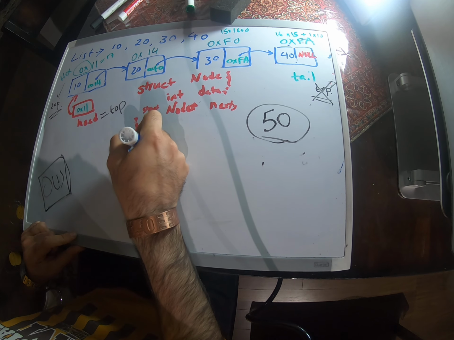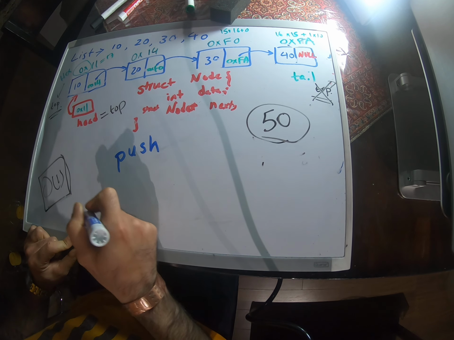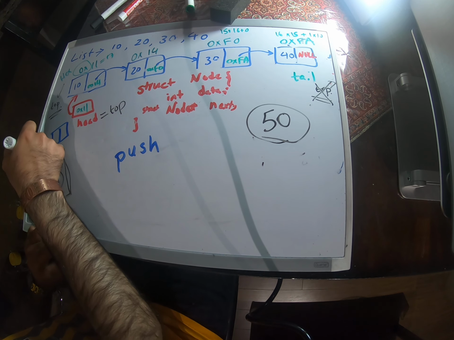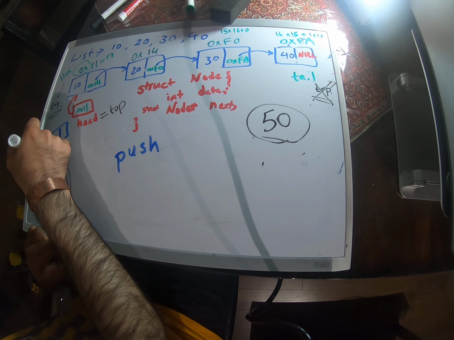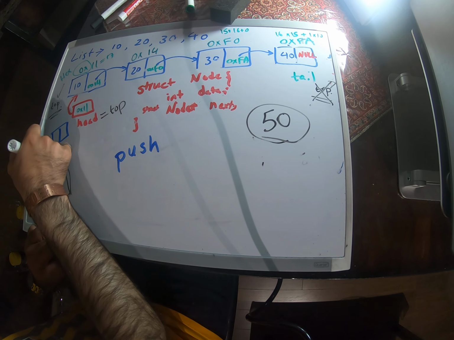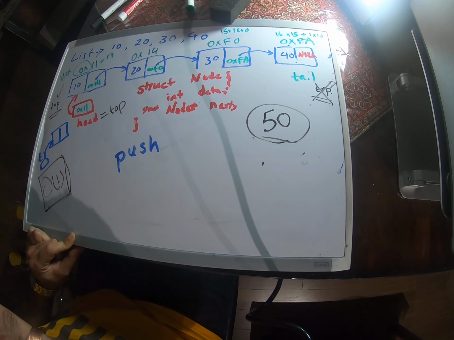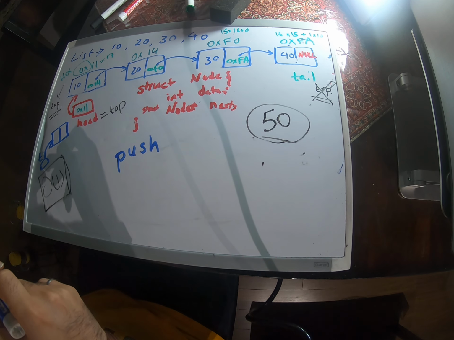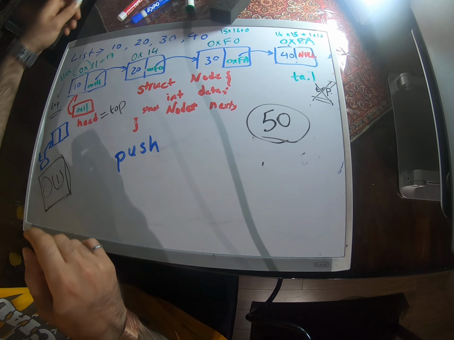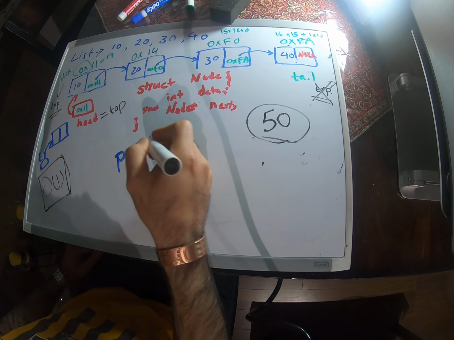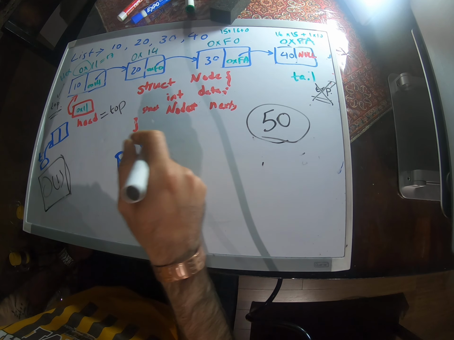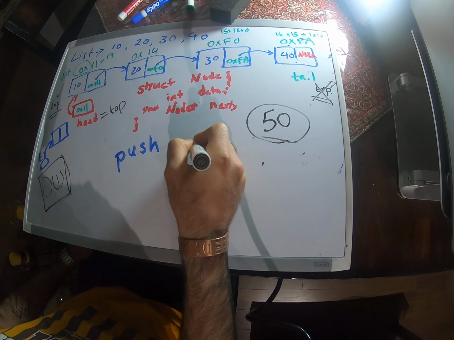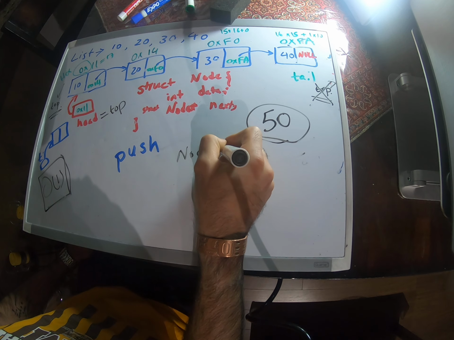The push is going to be as simple as allocating a new node. So let's say we have a pointer to a new node. The first thing that we have to do, because this is a new node, is to have Node star t equal to new node.